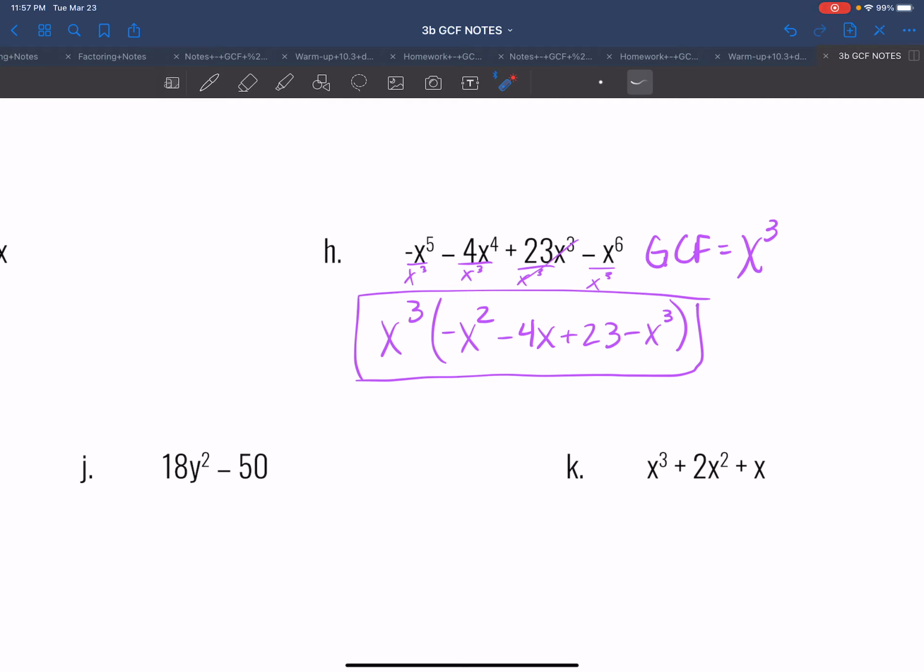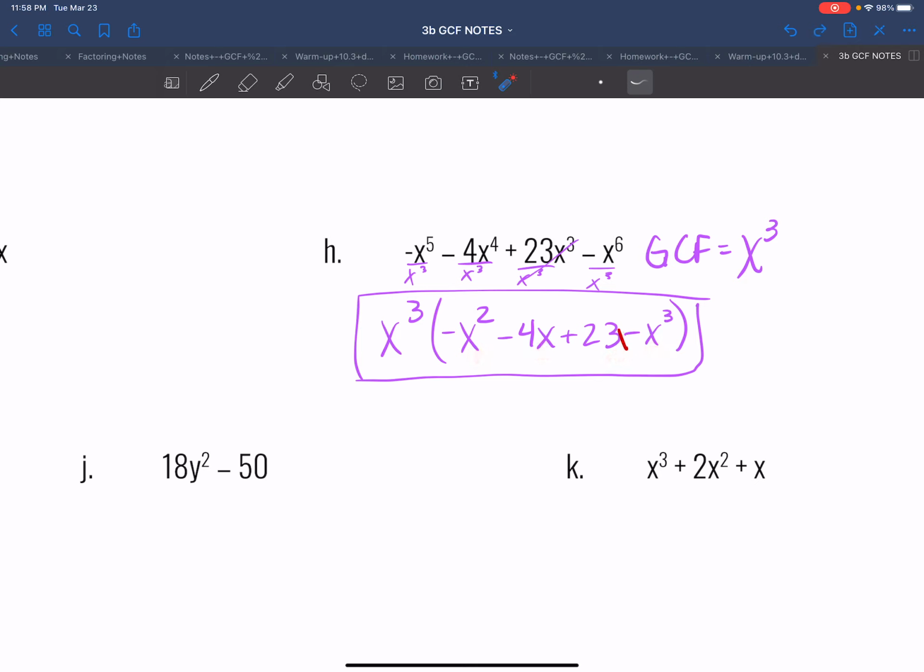Another helpful checkpoint would be to look back through, especially because there were a lot of x's in this one, and make sure that you wouldn't be able to factor any more. So like if I had accidentally done this wrong, and I'm going to use red because that way you know it's wrong, and I saw an x here maybe behind the 23, I would have to say to myself, oh wait, I don't think I took out the GCF because there's still an x in every term.